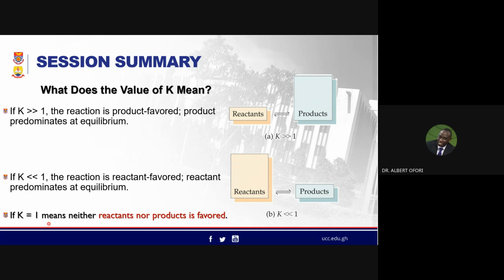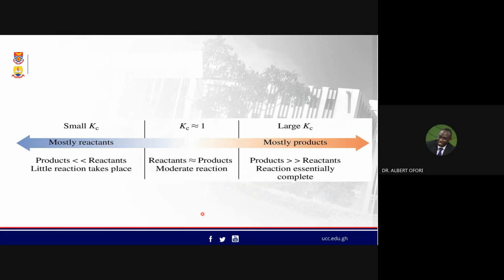However, if it is close to 1, it cannot be exactly 1, but if it is close to 1, it means that both are favored. So please also note this condition. Okay, so we can be making some deduction from that. When it is small, what happens? When it is big, what happens? Would that be remembered?